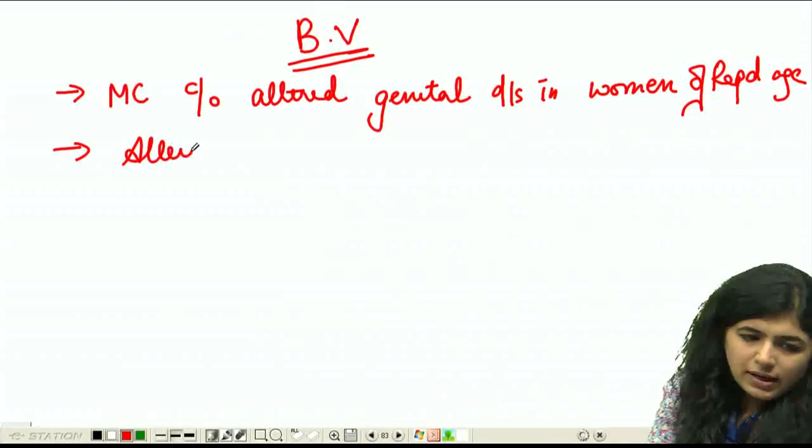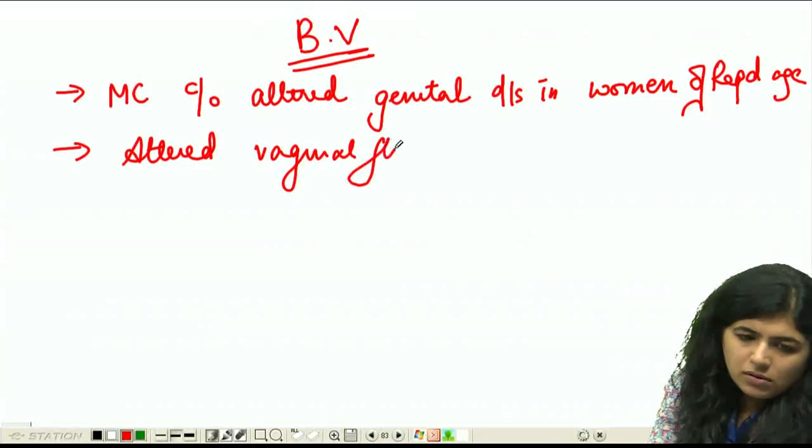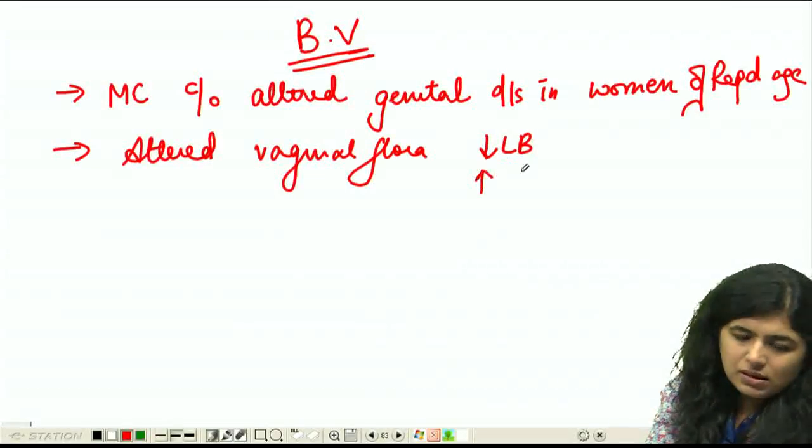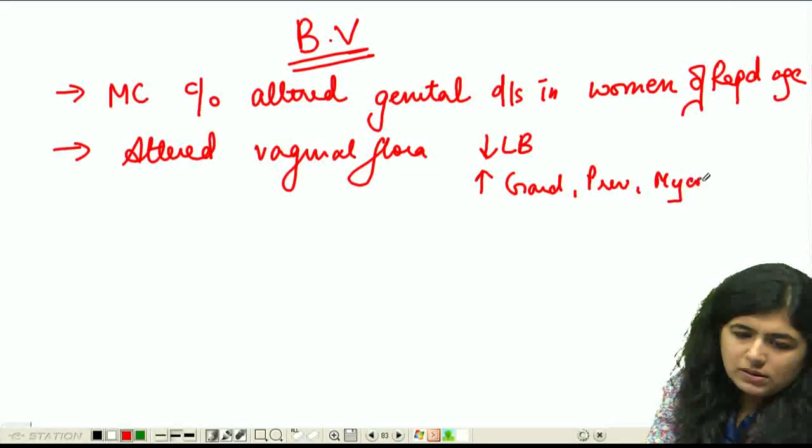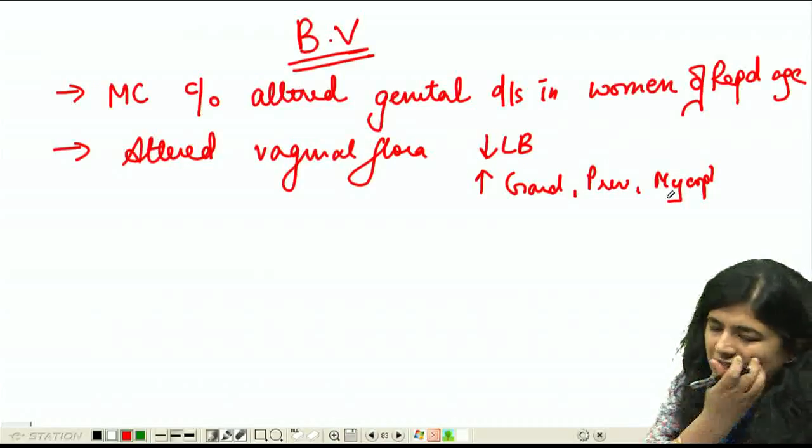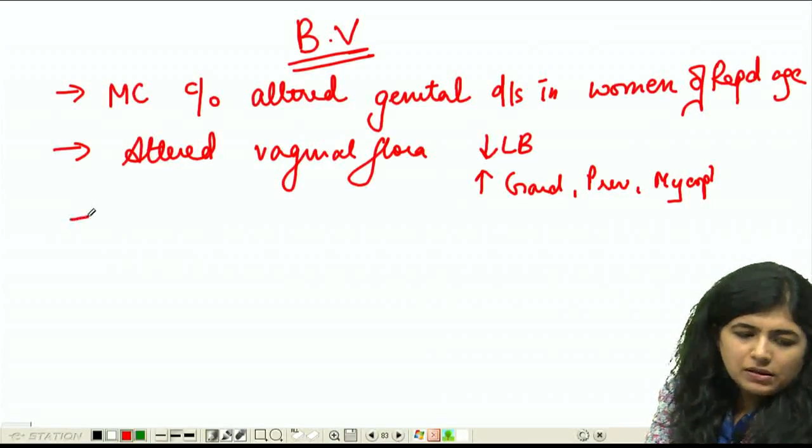This is just an altered vaginal flora. Lactobacilli decrease and other Gardnerella, Prevotella, Mycoplasma hominis, these increase, right? This is not a STI.